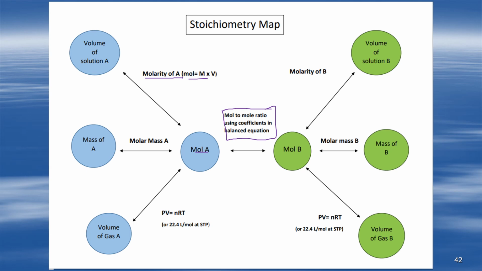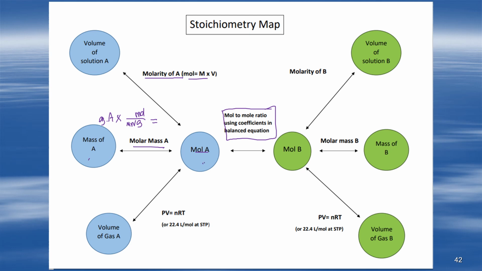We also know from the last chapter, and maybe one before that, that if we know the mass of the compound, we can use the molar mass or molecular weight to convert to moles. So grams of A times moles per gram, using the molecular weight in grams per mole, will give me moles of A. So if we know volume, we can find moles. If we know molecular mass, we can find moles.